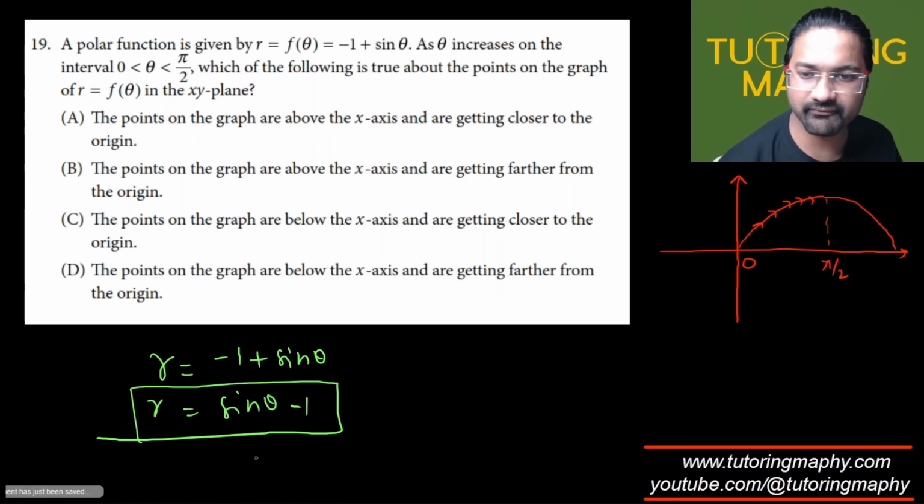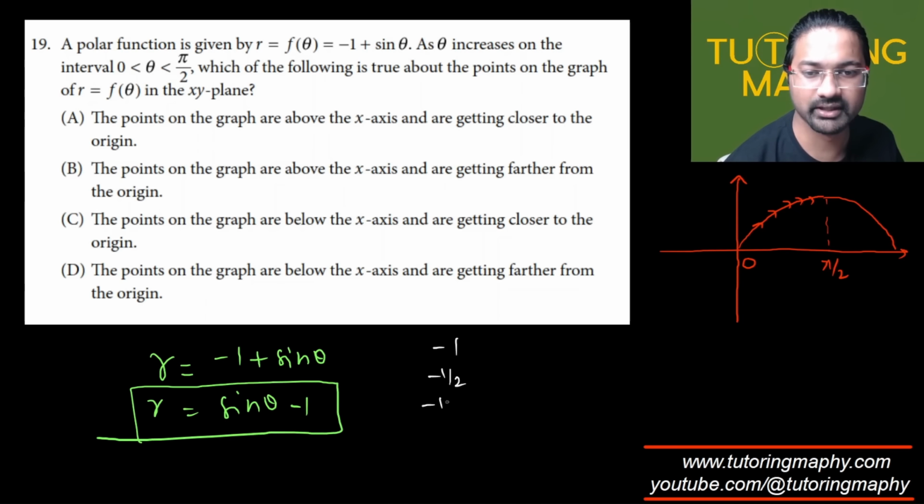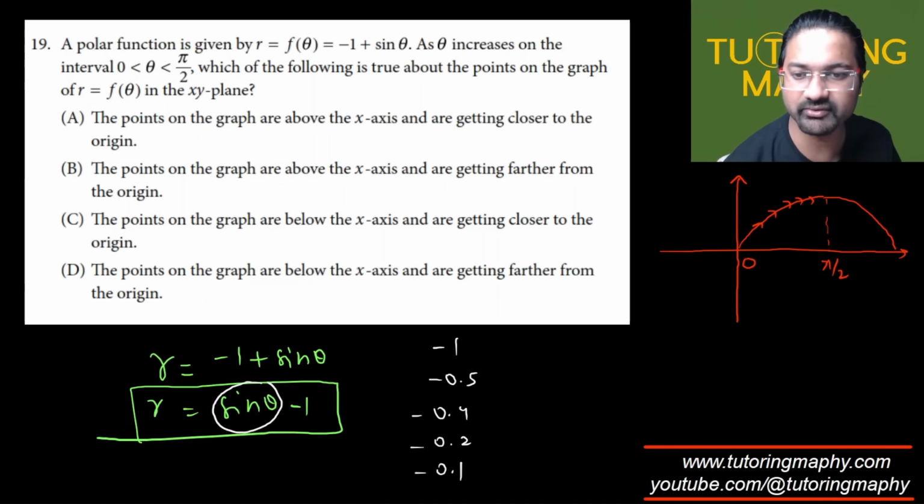Since sine theta keeps increasing, initially the value was, let's say, -1, then it might have become -0.5, then -0.4, then -0.2, then -0.1, because this value keeps increasing in the positive direction and sine becomes a maximum of 1 at pi over 2, and 1 minus 1 is 0, so eventually it becomes 0.